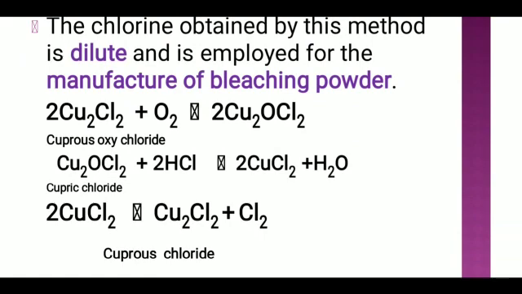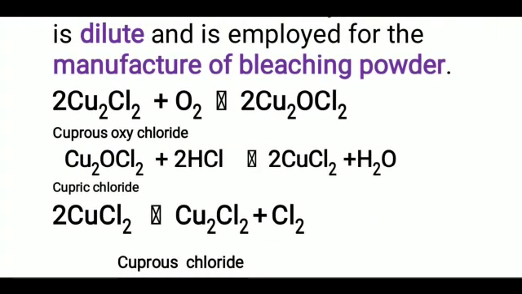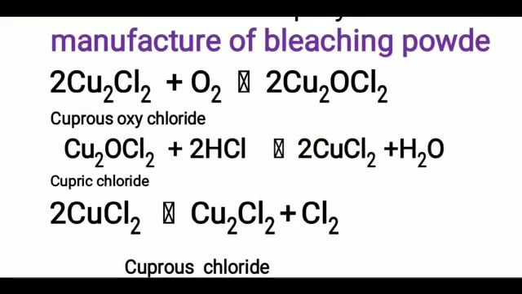First, 2Cu2Cl2 plus O2 gives us 2Cu2OCl2. The cuprous chloride reacts with oxygen and gives cuprous oxychloride. Then cuprous oxychloride reacts with hydrochloric acid and gives cupric chloride. This cupric chloride again gives back cuprous chloride. The reaction is Cu2OCl2 plus 2HCl gives us 2CuCl2 plus H2O.